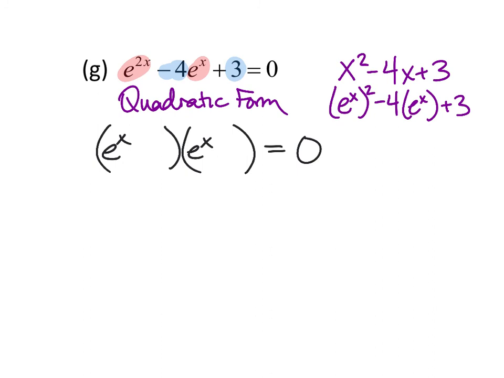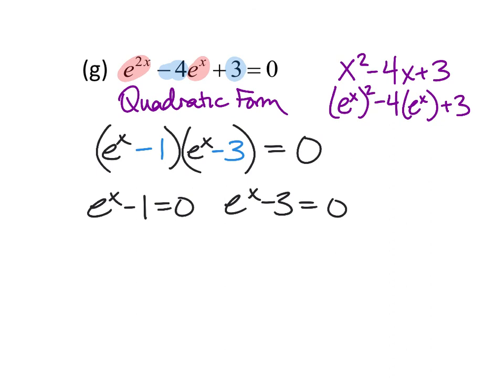Well, the only things that multiply to 3 are 3 and 1, so I really hope that works. And the only way to get a negative b value and a positive c value is if both of the factors are negative. The zero product property that we've been using since like day 1 is going to allow me to do e to the x minus 1 equal to 0 and e to the x minus 3 equal to 0.